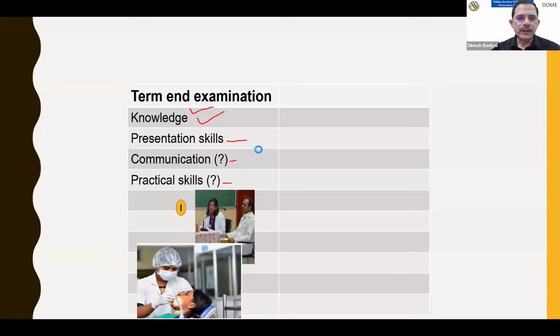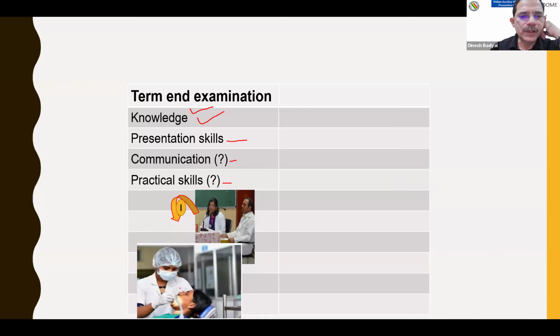As compared to that, when we look at other components, mentoring should not mean only one thing. Training of the mentee, whom you help.